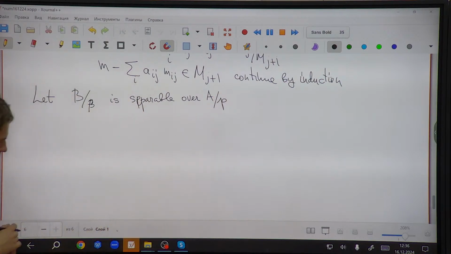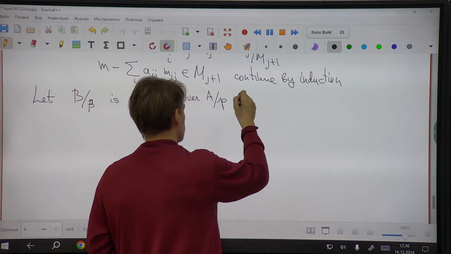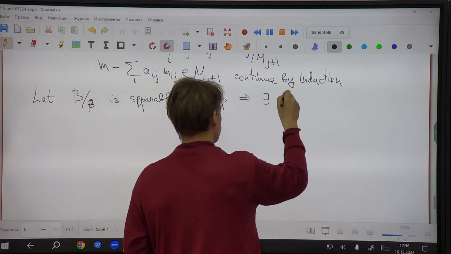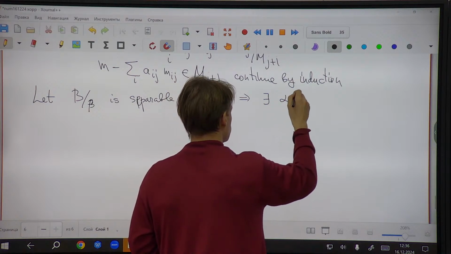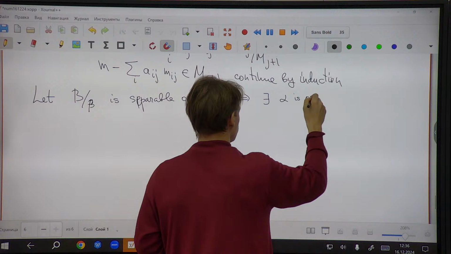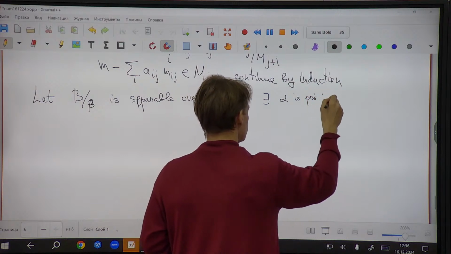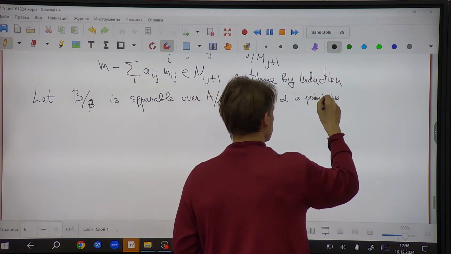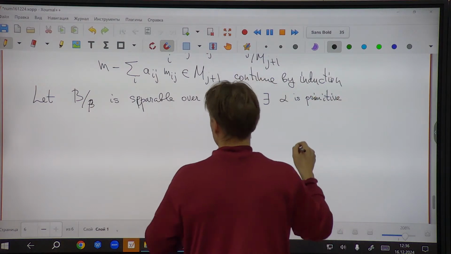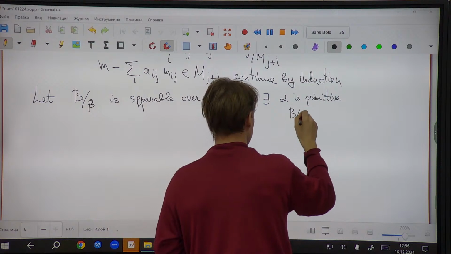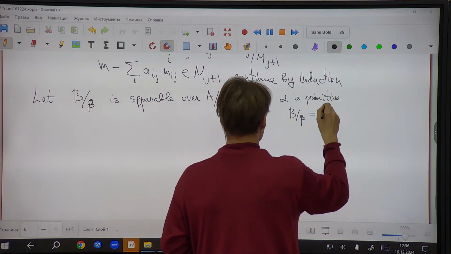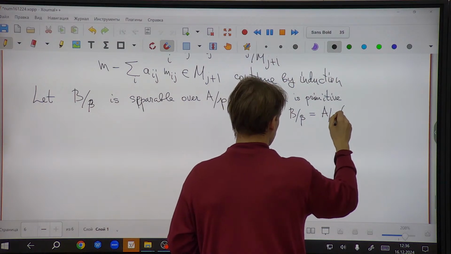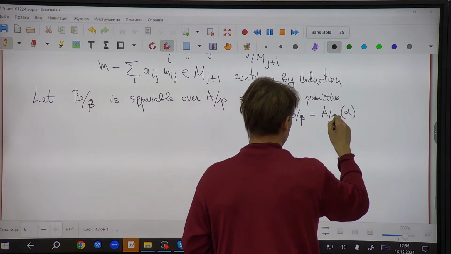Then there exists a primitive element alpha, so that B over beta is just equal to A mod p where you adjoin alpha.